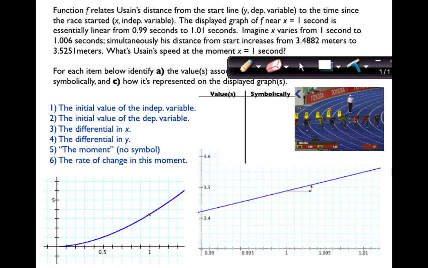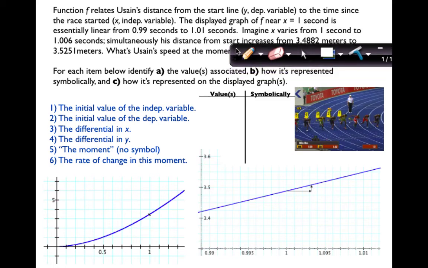Let's take a look at this table here. There's a bunch of things in it, but I want to make sure we understand what the symbols for them are, and also, for the specific example, the value that we'd associate with them.